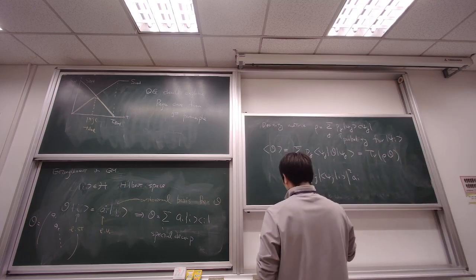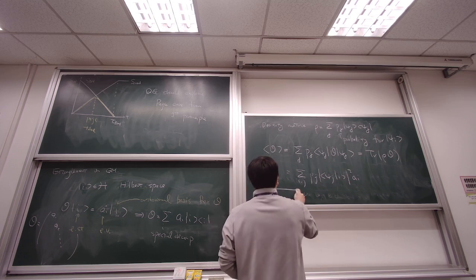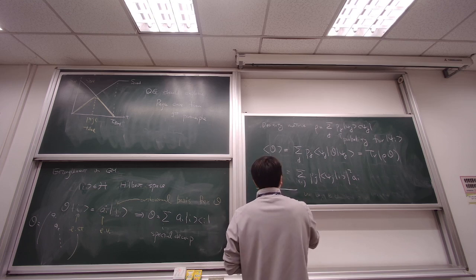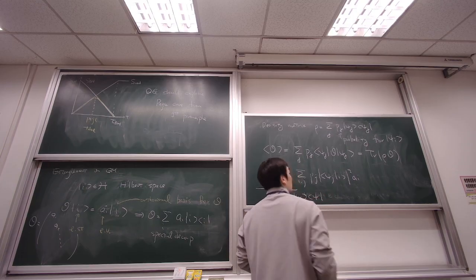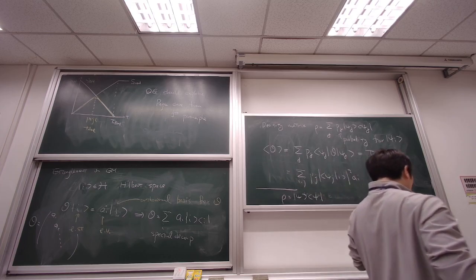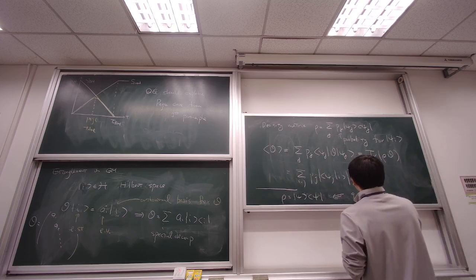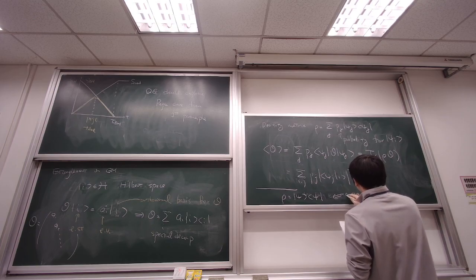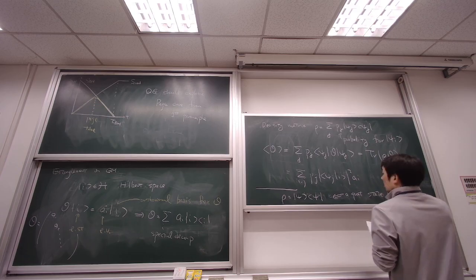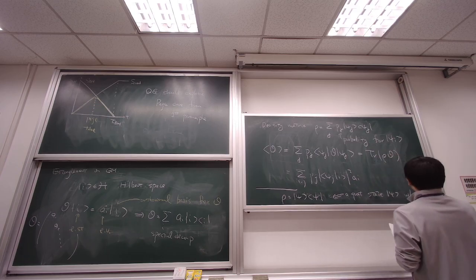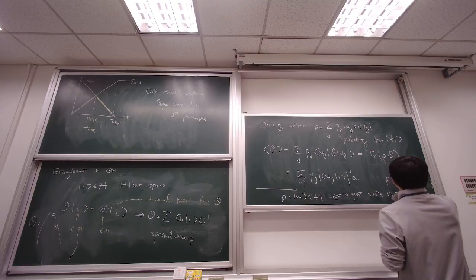So the pure state means that the system is in a pure state, which means that the rho is just like this way. This means that the quantum state psi occurs with probability 1. Therefore rho squared is equal to rho.